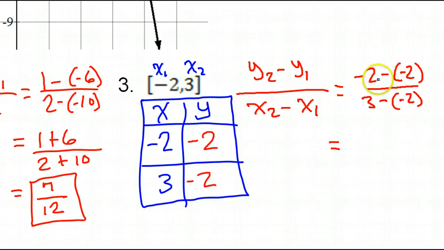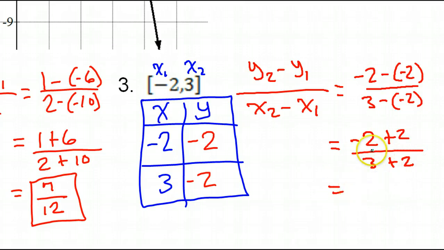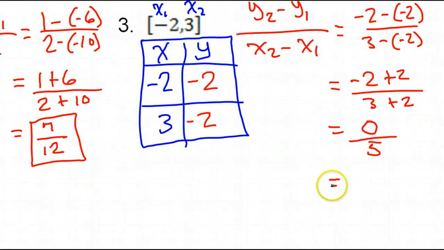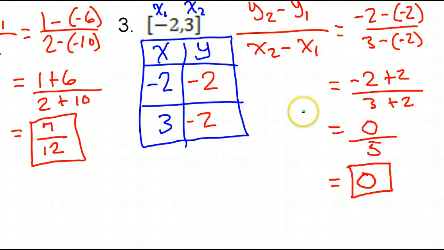Okay, minus a negative is addition. So this is negative 2 plus 2 and 3 plus 2. But negative 2 and positive 2 cancel each other out. So that just makes 0 over 5. And 0 divided by anything is 0. So just as we knew from the graph, the rate of change is in fact 0.